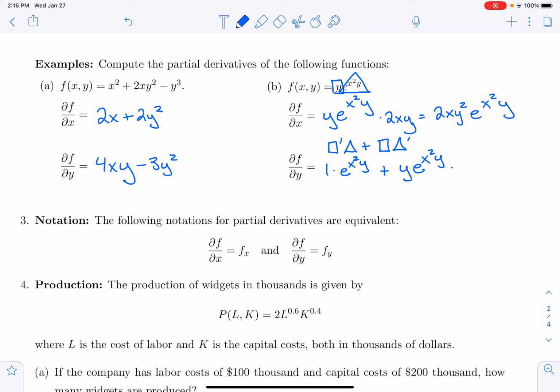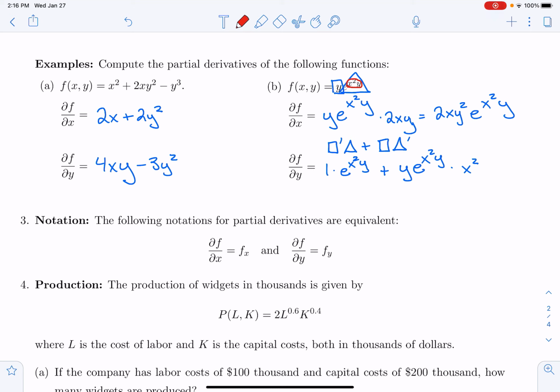What's in the exponent is x squared y. So the derivative of x squared y with respect to y is just x squared. Here, when I use the product rule, I also still have to use the chain rule, and what's sitting inside the exponent is x squared y. The derivative of x squared y in this case is just x squared.